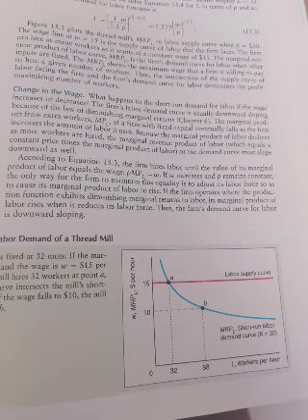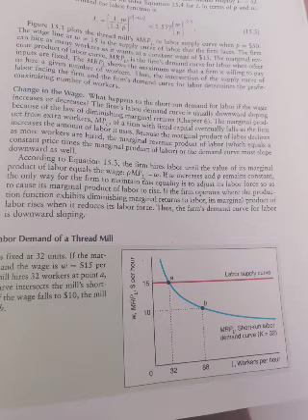Figure 15.1 shows that the thread mill's short-run labor demand curve is downward sloping. The quantity of labor services demanded rises from 32 to 88 workers if the wage falls from $15 to $10.